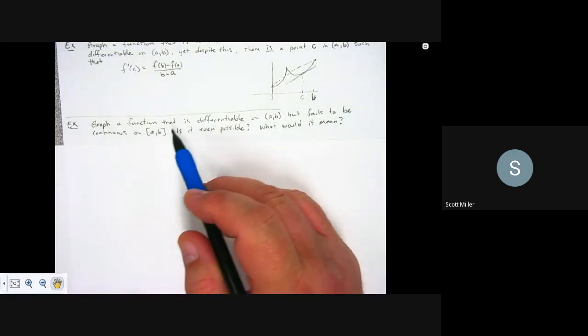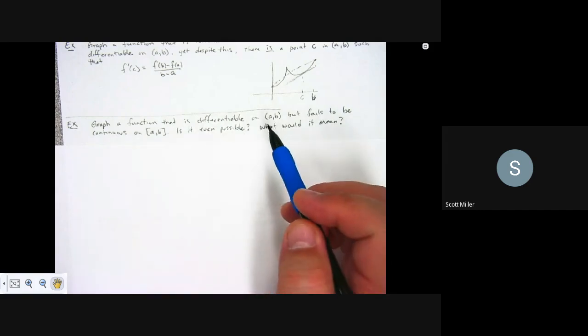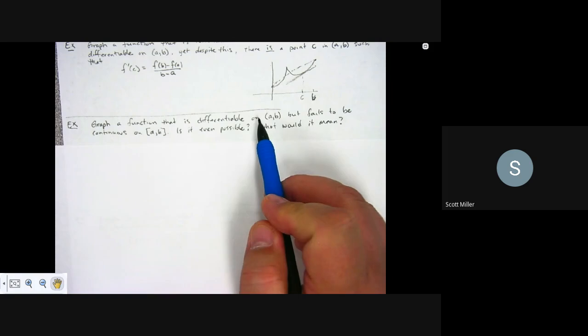If a function is differentiable, that means it has to be continuous. But I'm only differentiable on the open interval. How would I fail to be continuous on the closed? Well, it would have to be discontinuous at an endpoint. So what would that look like?